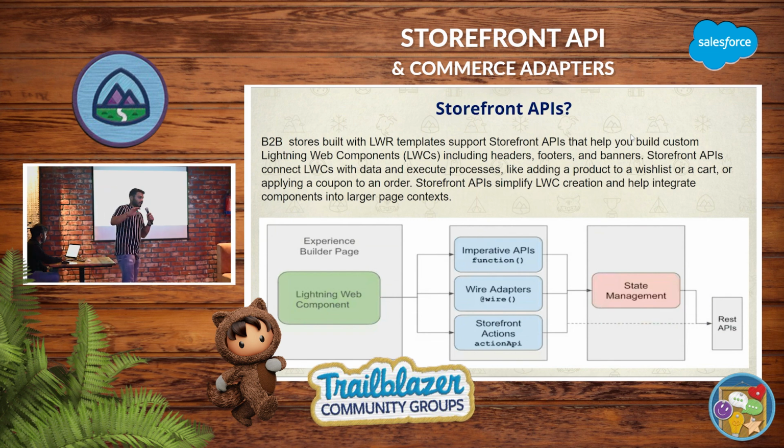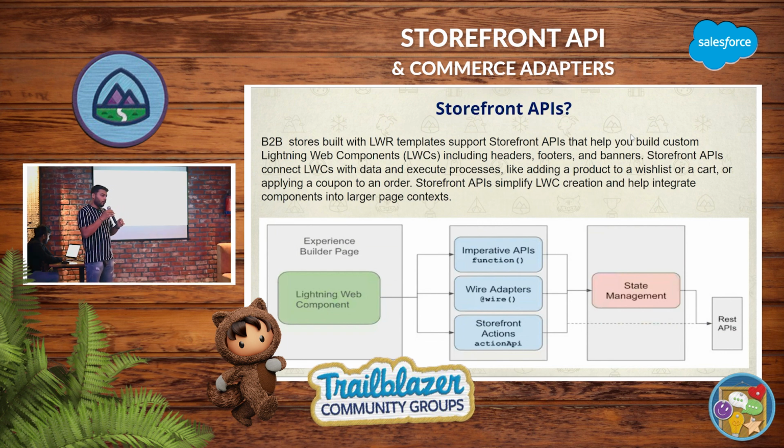Before starting, I suppose that those who are using B2B Commerce Cloud know about the LWR templates and the Aura templates. Currently in Salesforce, we are not using the Aura template because it is outdated, and we are using the new feature, which is LWR templates. When we create a site in Salesforce, we have to choose one template.